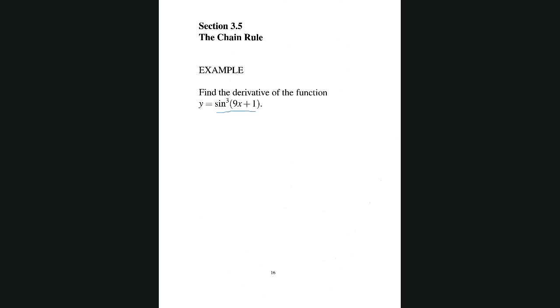That's right, Lynn. There are actually 3. Well, you know, Zoe, let me show you. This function can be thought of as a sine of 9x plus 1 raised to the 3rd power.